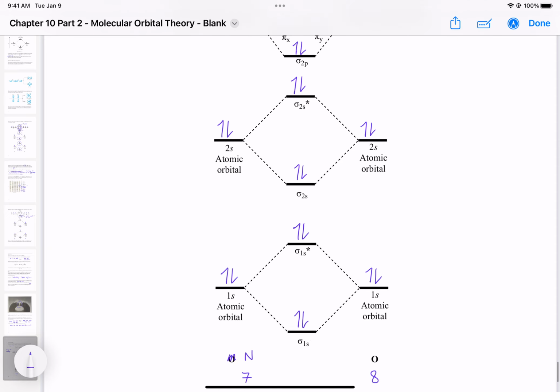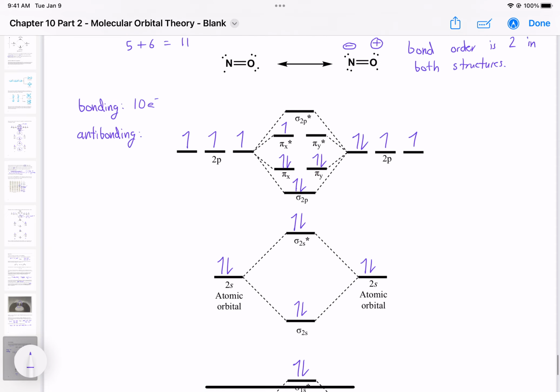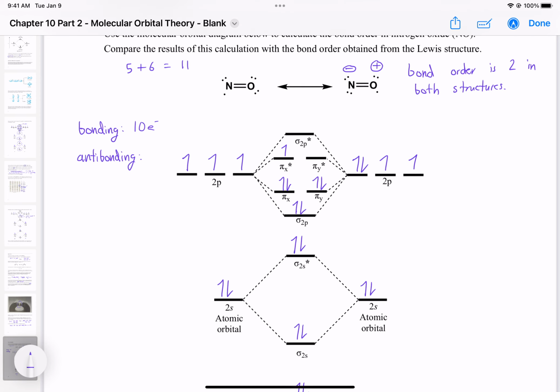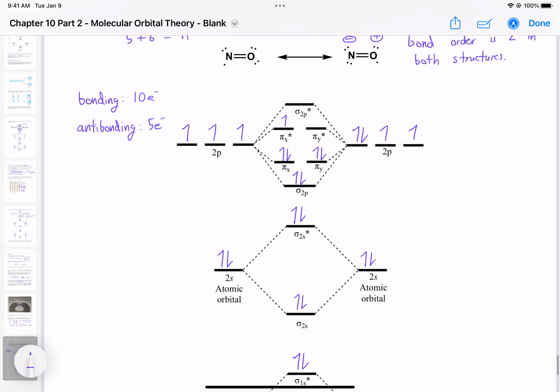Let's count for anti-bonding. 2, 4, 5. So we have 5 electrons in anti-bonding. Now we calculate the bond order. It's going to be 10 minus 5 over 2, which equals 5 over 2, or 2.5. Okay. So what does this mean?